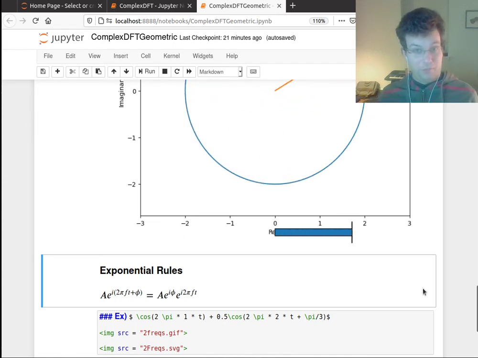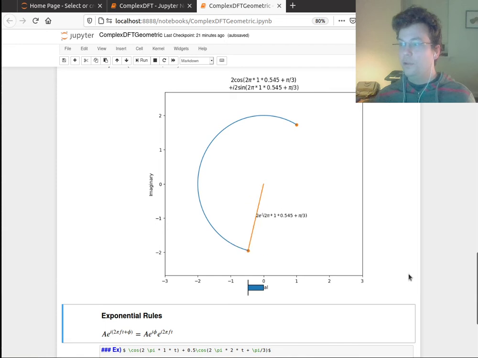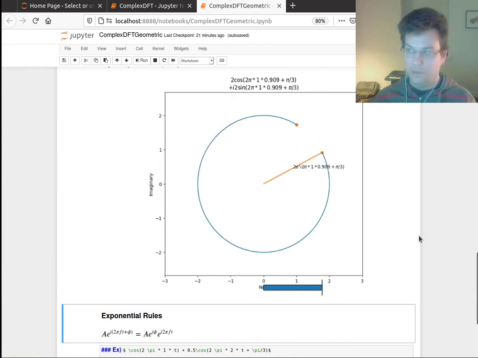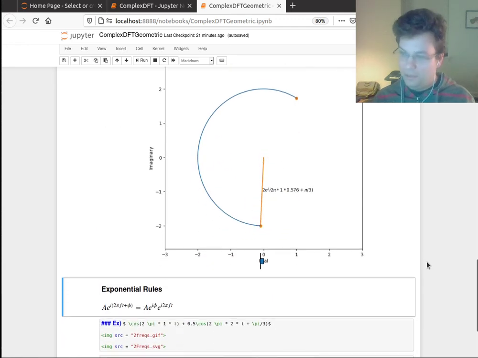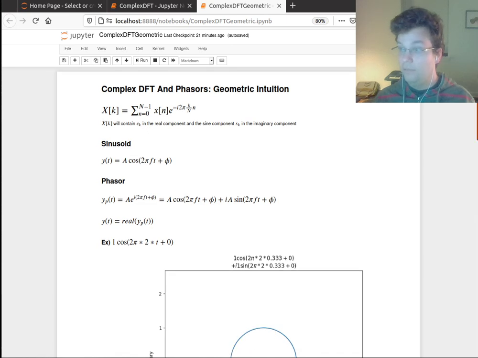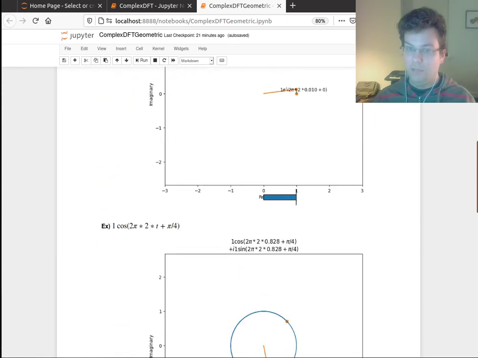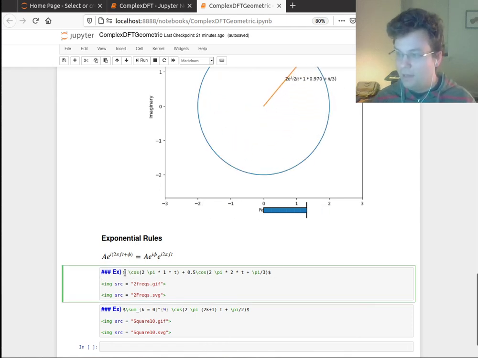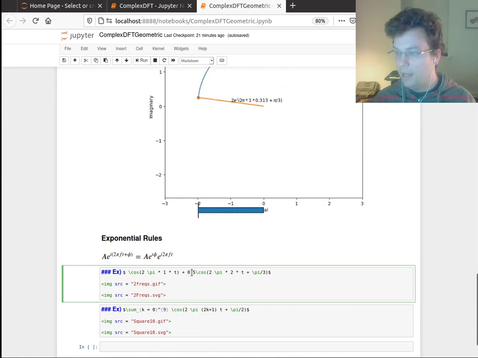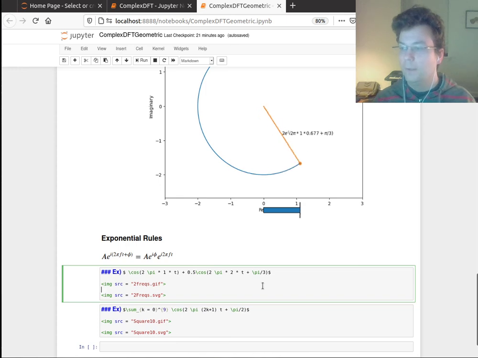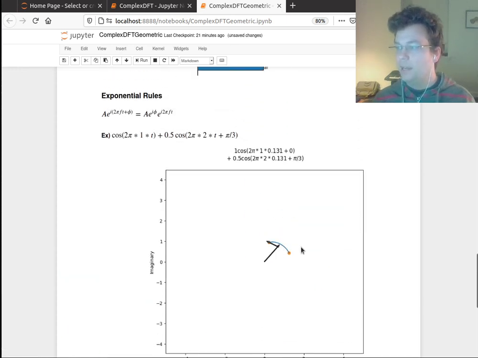Now here's where it gets really cool. All right, so phasors of a single frequency just go around circles at different rates. But as we showed, we're actually decomposing with the DFT into many different phasors, the complex DFT, just like we decomposed into many sines and cosines before. So if I come up with a phasor corresponding to the sum of the cosine of 2 pi t plus 0.5 cosine of 2 pi 2t plus pi over 3, a little phase shift in there, here's what I get.